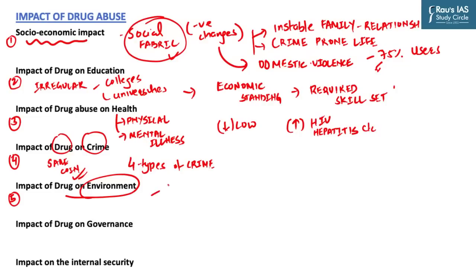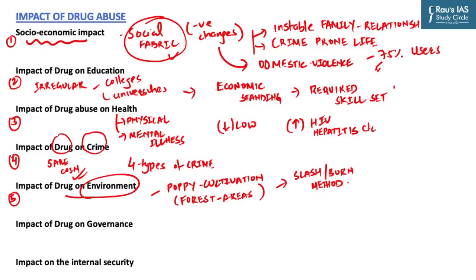For example, poppy cultivation generally takes place in forest areas, and the method used by drug cultivators here is slash and burn. This results in the clearing of large forest areas. The second impact of drugs on the environment can be seen with the example of cannabis, which requires a tremendous amount of water for its cultivation, thus negatively impacting the environment.